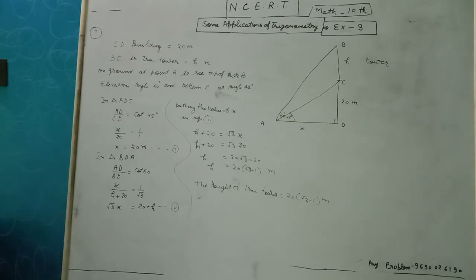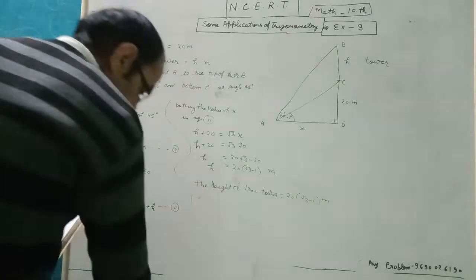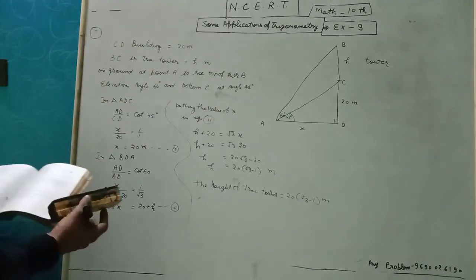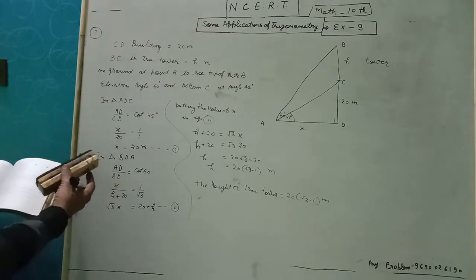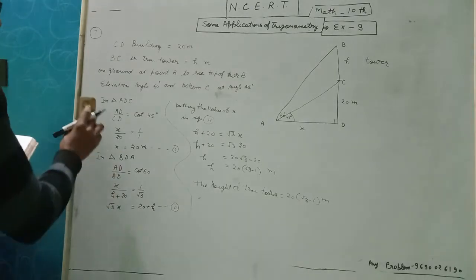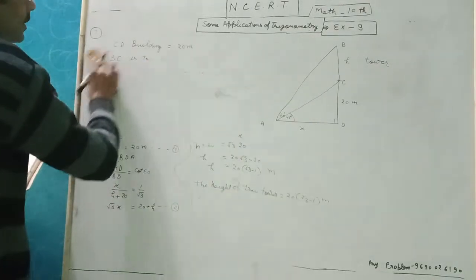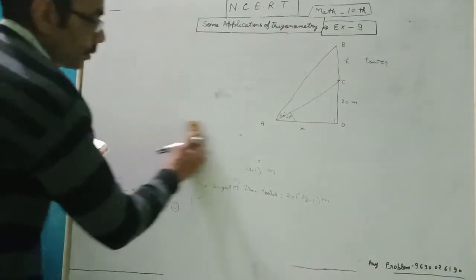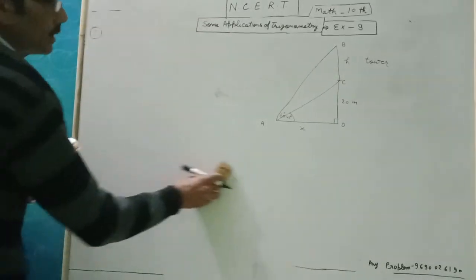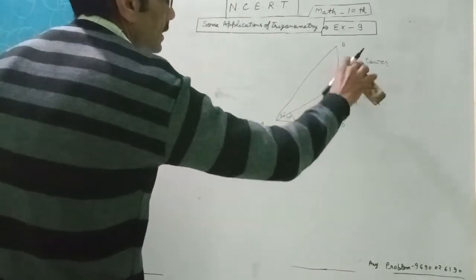If the value of under root 3 is given, we put the value in the last stage. Question number 8 is the reciprocal of question number 7.